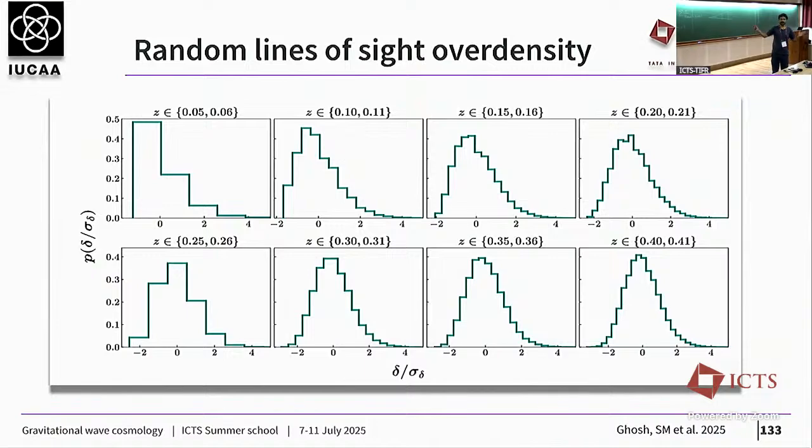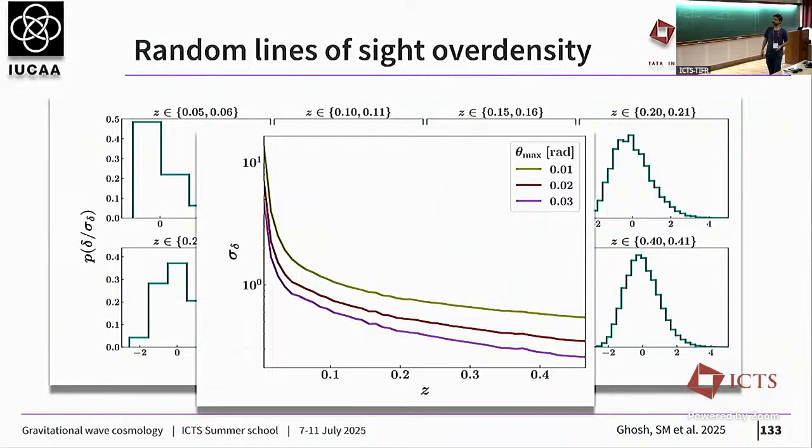So we have written a full Bayesian formalism. Again, more details are here. This variance as well, you can compute how it goes as a function of redshift. You'll see higher variance at low redshift and smaller variance at large redshifts.